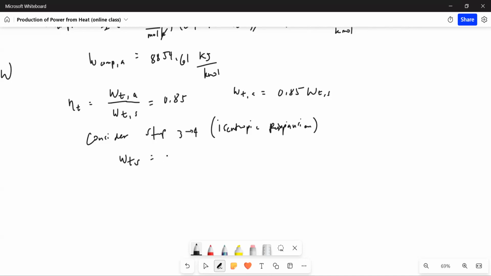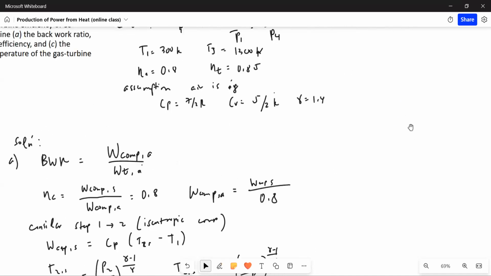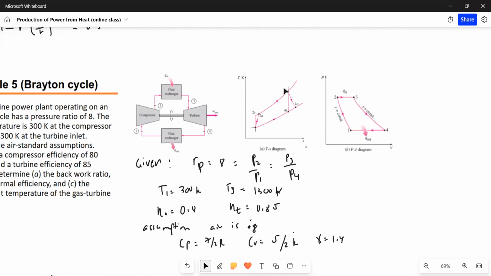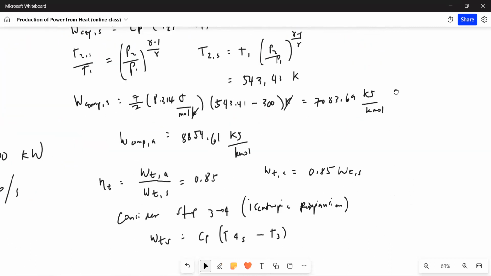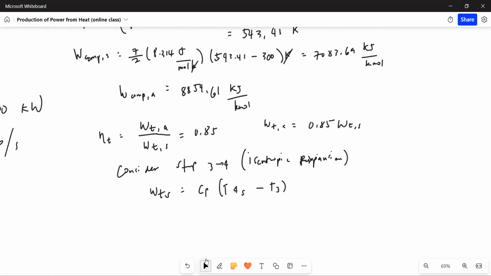Work of the turbine is just Cp delta T. So this is the T4S minus T3, where T4S is the temperature in the isentropic process. That's T4S.